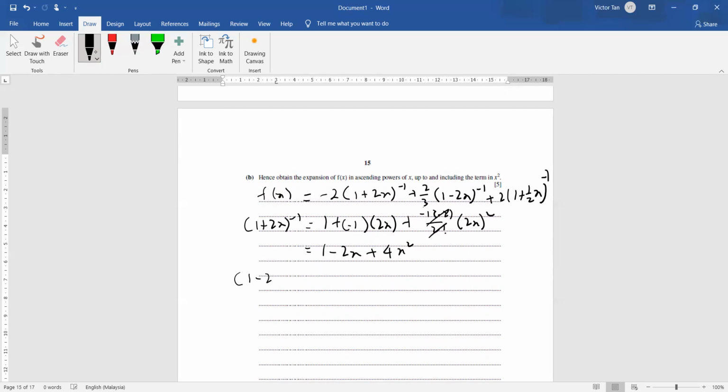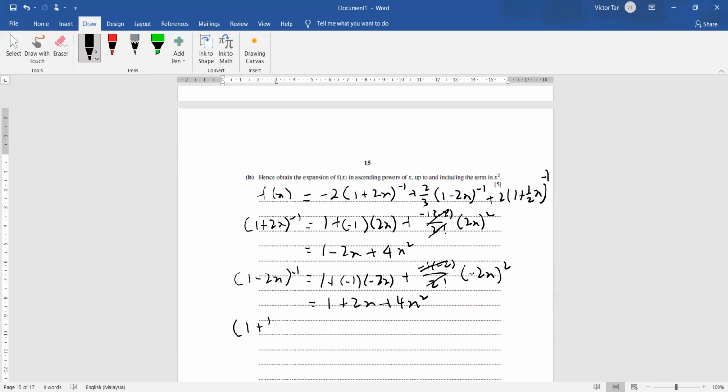One minus 2x expansion: plus minus 1 times minus 2x plus minus 1 times minus 2 over 2 factorial. So this will give 1 plus 2x plus 4x squared.